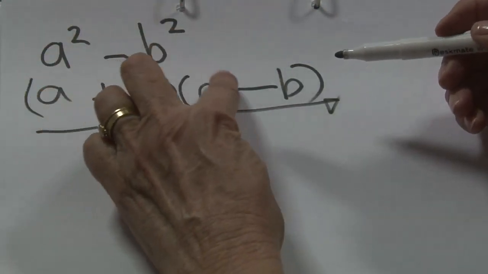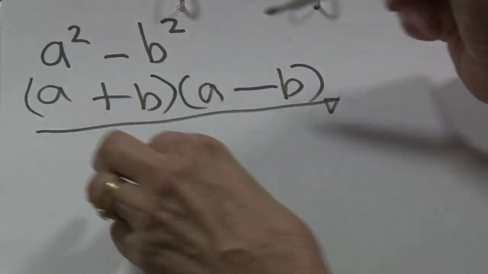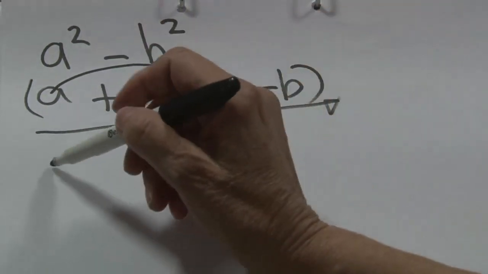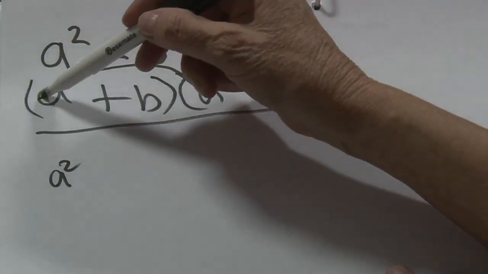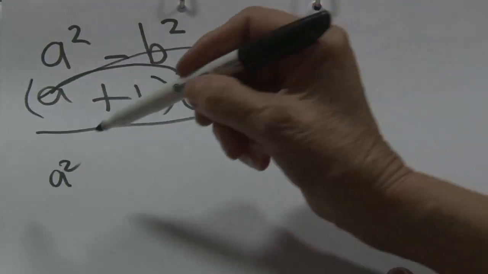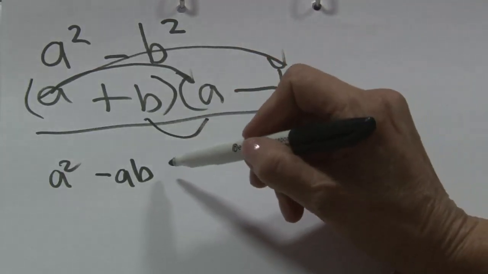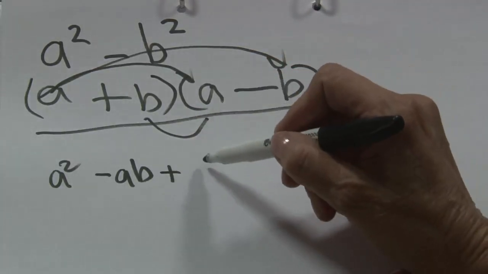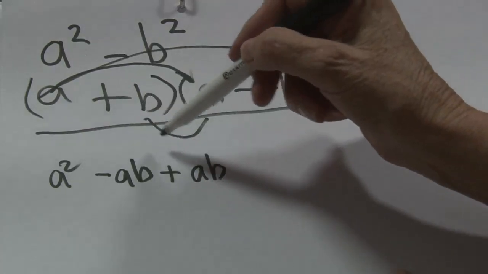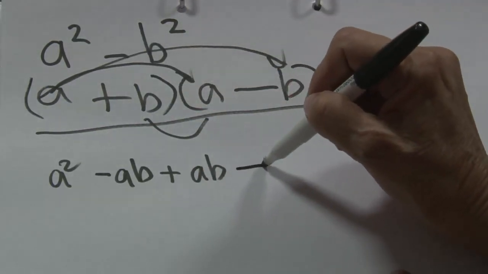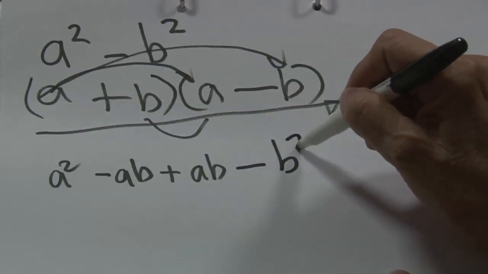So, when I multiply them out, I should get that answer. Let's do that. a times a gives me a squared. a times negative b gives me negative ab. b times a gives me positive ab. And b times negative b gives me minus b squared.